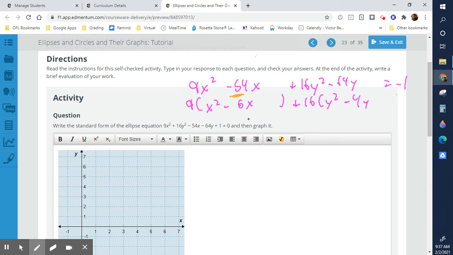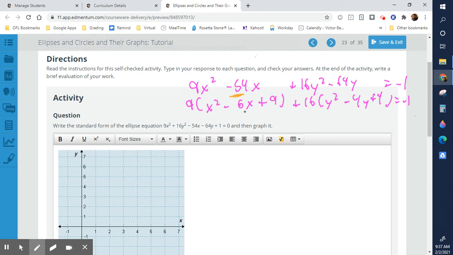I kind of just have these memorized. So if you're wondering how is he doing all of this, just memorization. And then I need to cut 6 in half and square it. So 6 in half is -3. Square it, it ends up being plus 9. And then I need to cut 4 in half, which is -2, square it, which is +4.